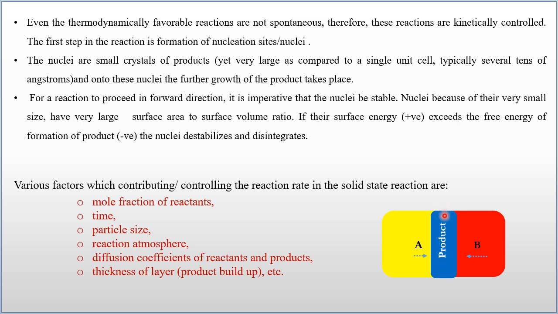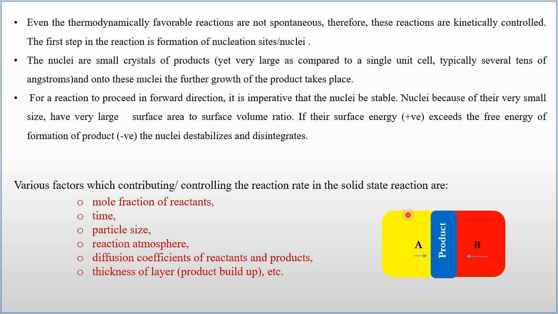So initially the layer of the product will be very thin, but eventually the product will grow and this layer will thicken. So if the mobility of the constituent ions or the reacting ions of A through the product layer is not fast, or they are not able to diffuse faster, the reaction will slow down.